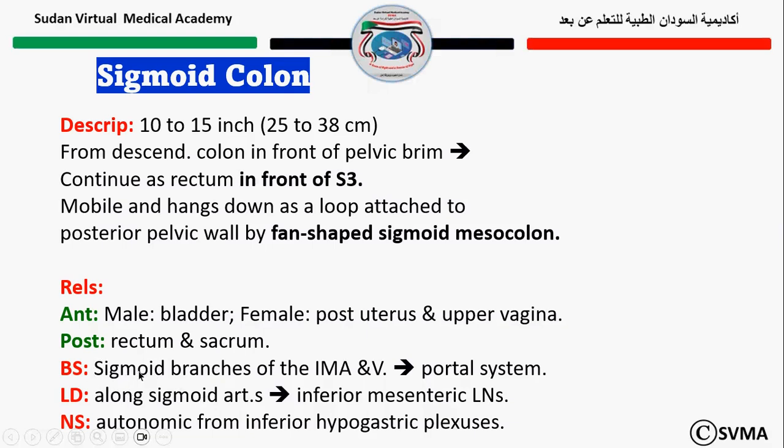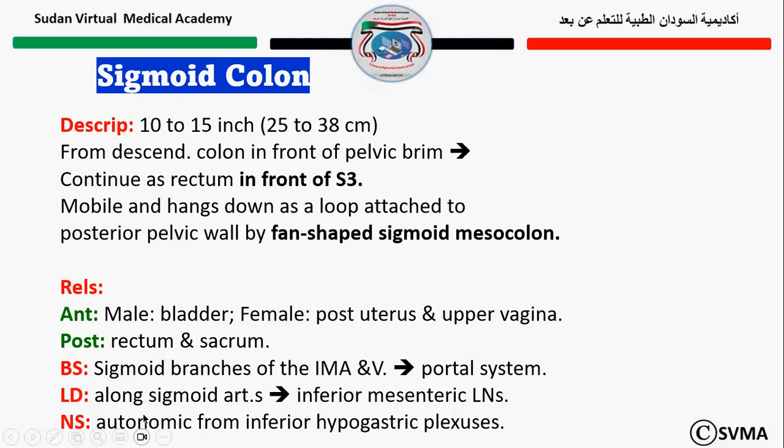From the sigmoid colon, there are sigmoid branches, arteries, and sigmoid branches, veins. The sigmoid arteries come from the inferior mesenteric artery. The sigmoid veins drain into the portal system, and the sigmoid lymphatics follow the sigmoid artery. Therefore, because the sigmoid artery comes from the inferior mesenteric artery, the sigmoid lymphatics go to the inferior mesenteric lymph nodes.